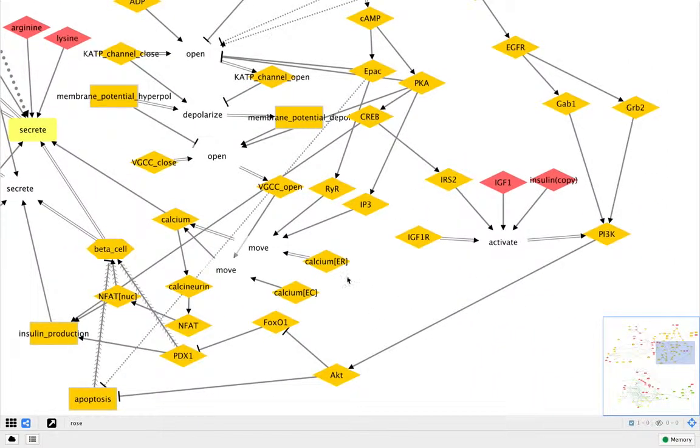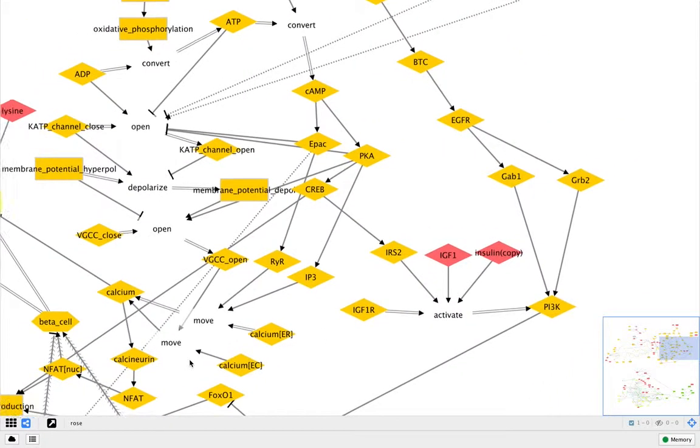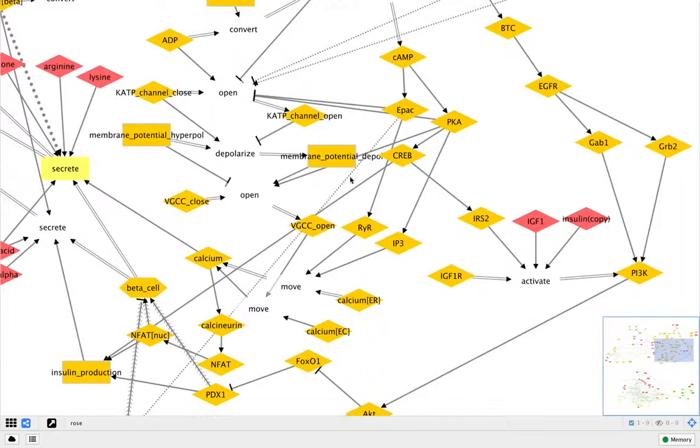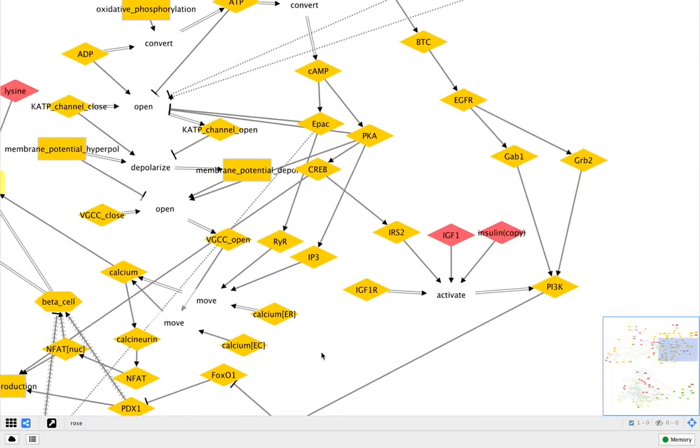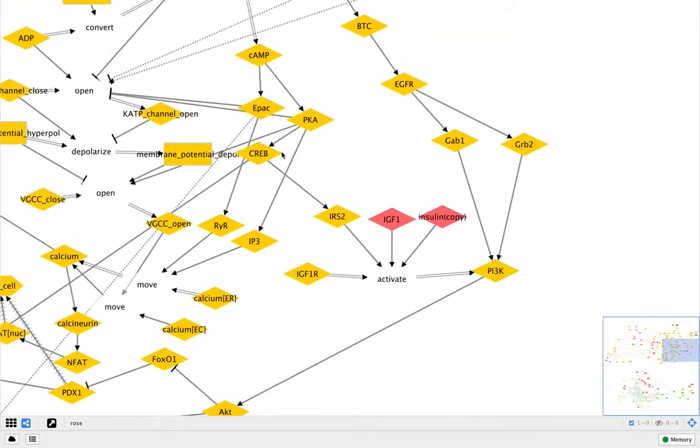And let me see the other mechanism here. Yes, from here, let me explain the other mechanism, which further increases the production of insulin from the beta cell.